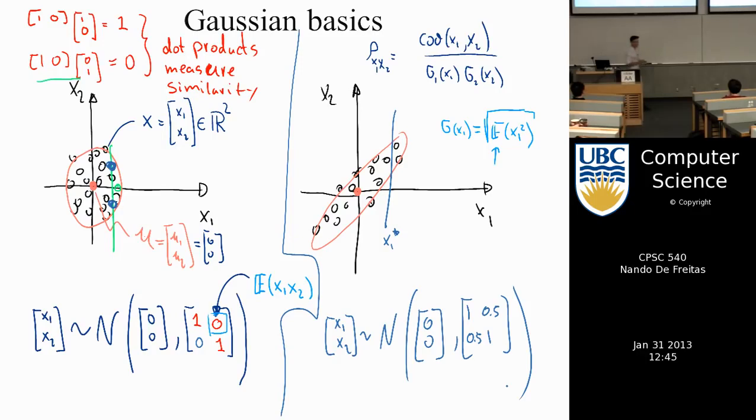That positive number basically indicates that if I expect x1 to increase, I should also expect x2 to increase. Whereas on the left, I'm saying that if I expect x1 to increase, I should not necessarily expect x2 to increase. Okay? That clear? Because that's what correlation is with random variables.